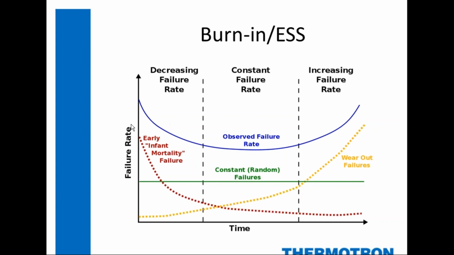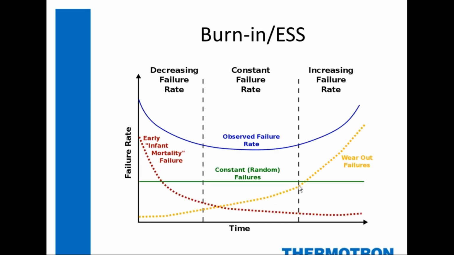So just to explain what this is: this would be a graphing of those infant mortality failures, or right-out-of-the-box failures. This might occur over a week or two, and then tail off over time.